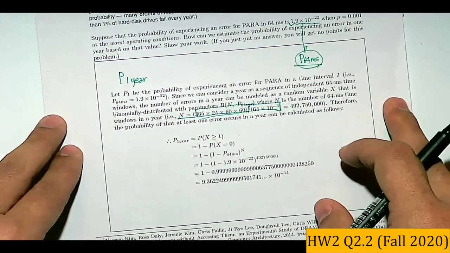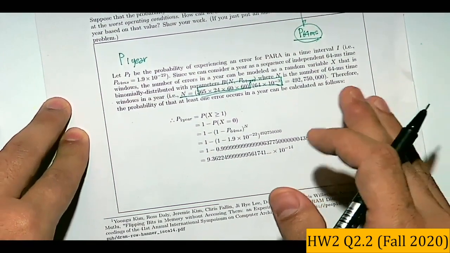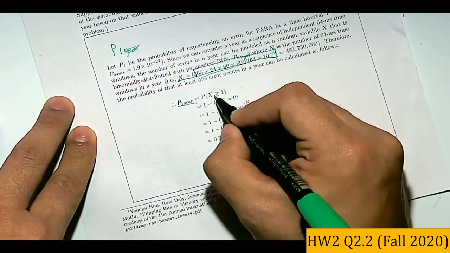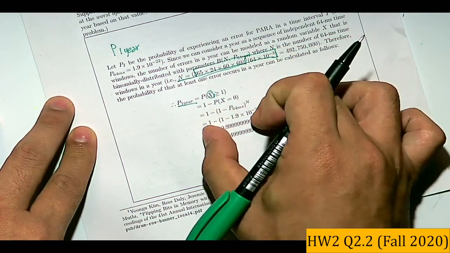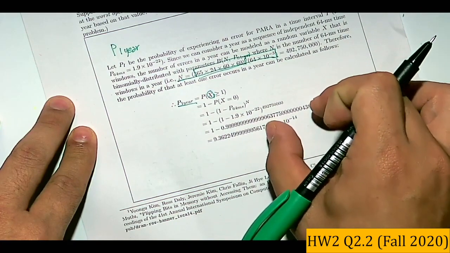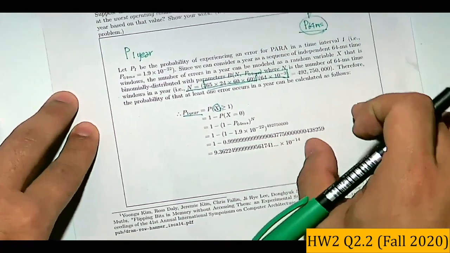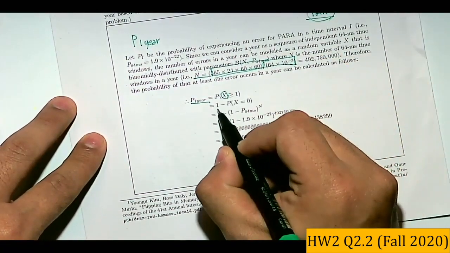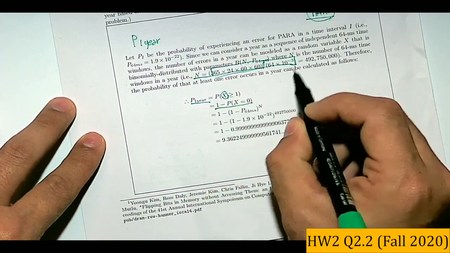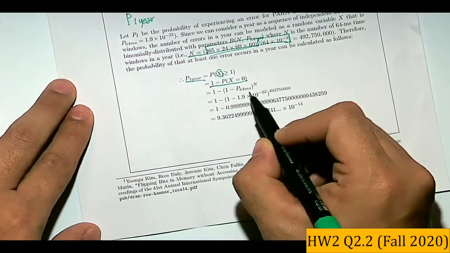Therefore, the probability that at least one error occurs in a year can be calculated: the probability that variable x is larger than or equal to 1. Because x is a discrete value, we can simply know it is like this.